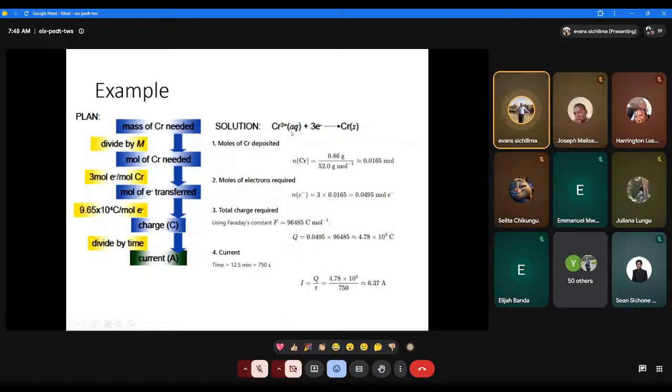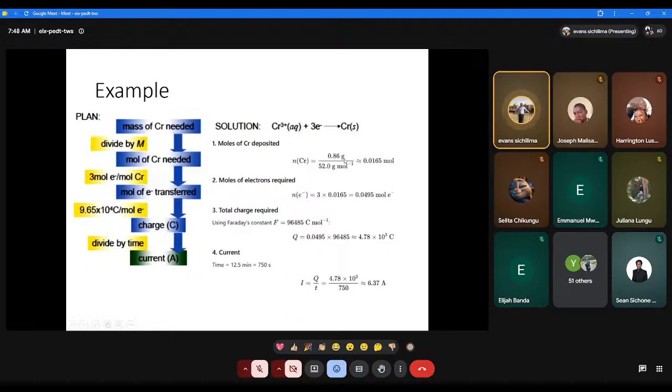Very important here. So moles of chromium deposited. So we know number of moles is mass over molecular mass. This is from the stoichiometry. So this is the mass that was used in electroplating.